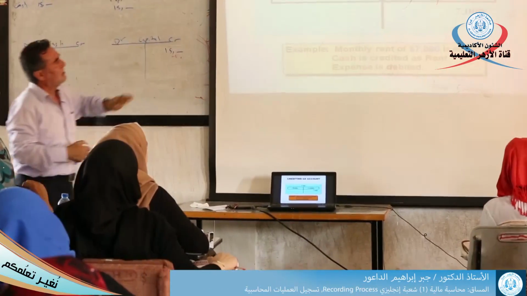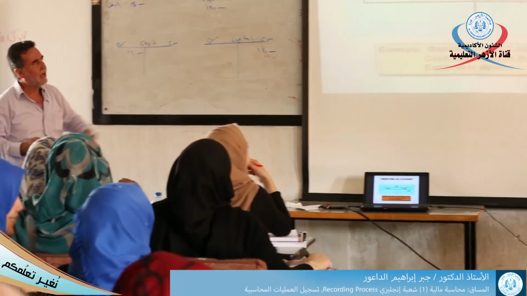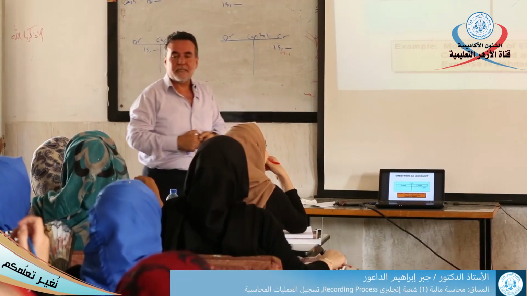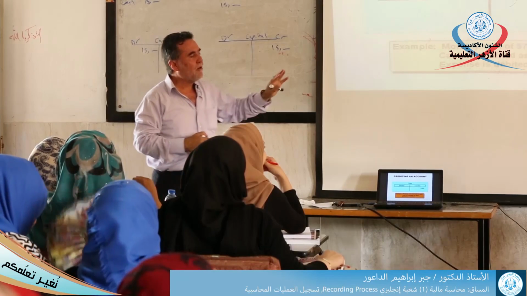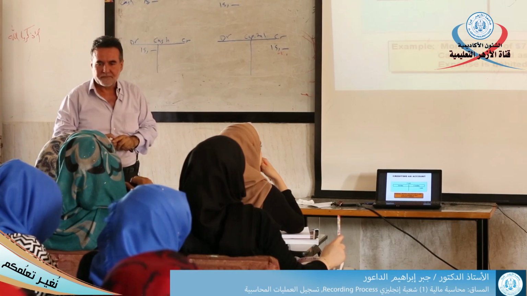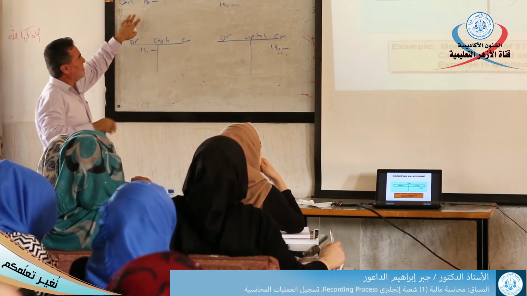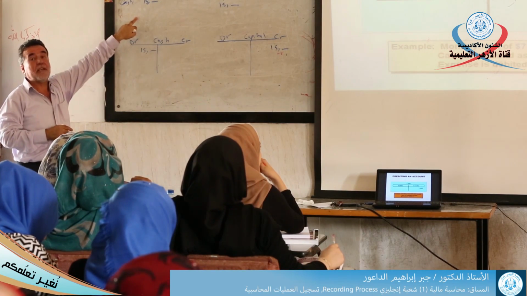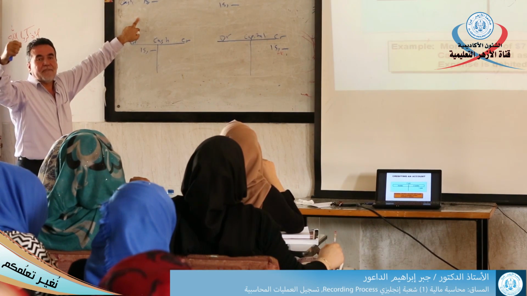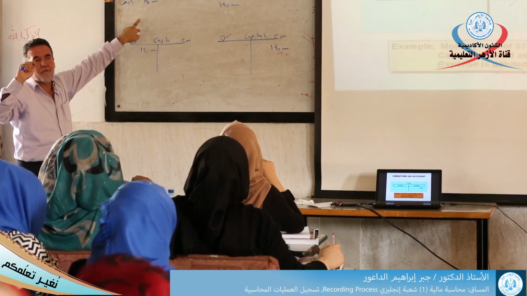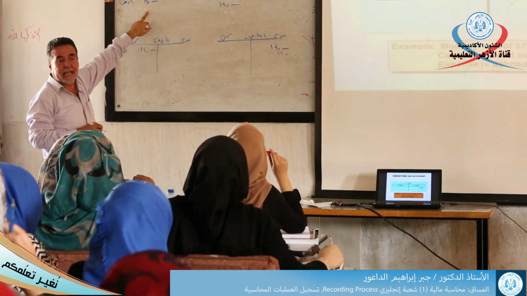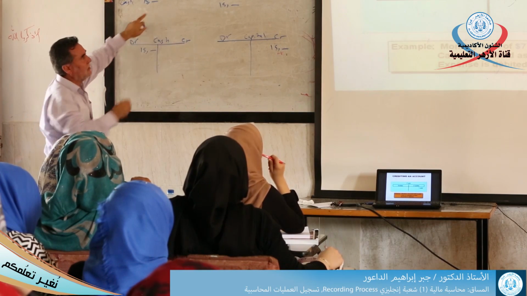Let's show another example, to be more clear. Monthly rent of 7,000 is paid cash. So, in accounting equation, if I paid 7,000 for rent, cash will be decreased by 7,000.